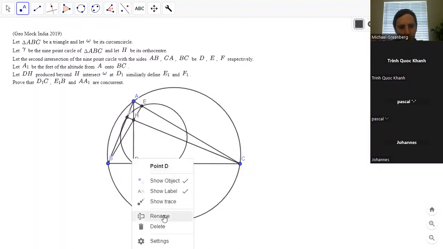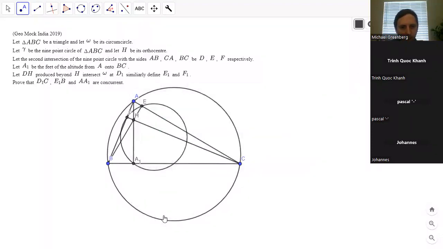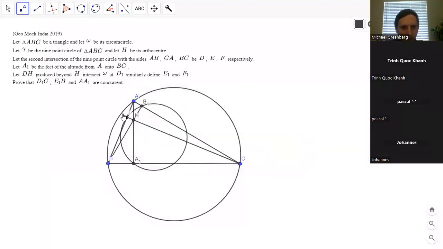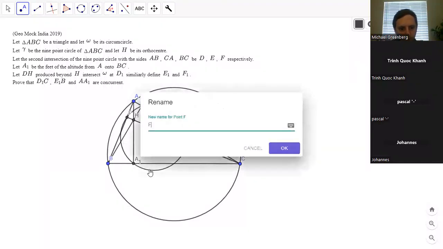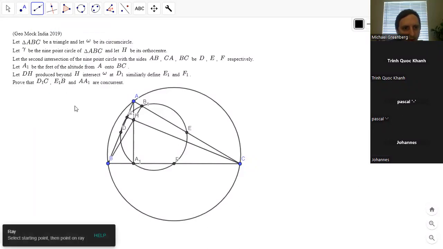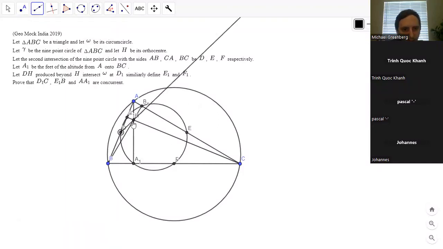It's saying it wants A1, B1, and C1, I think, to be the altitudes. So let's do that. D, E, F would be the midpoints. That's a little weird, but okay. So if we extend DH beyond H, it intersects the circle at D1.